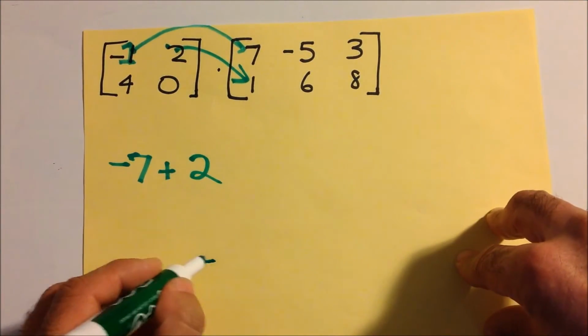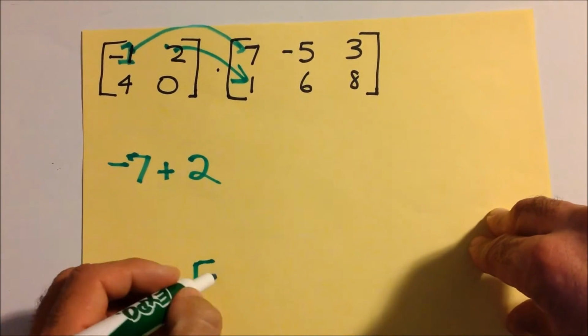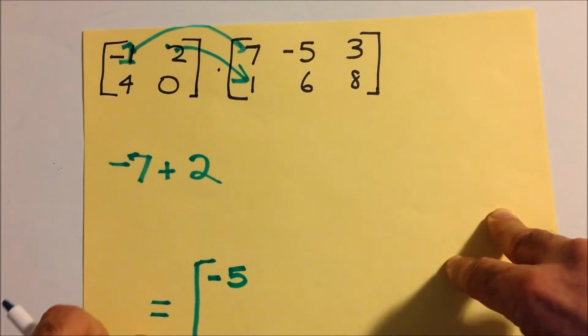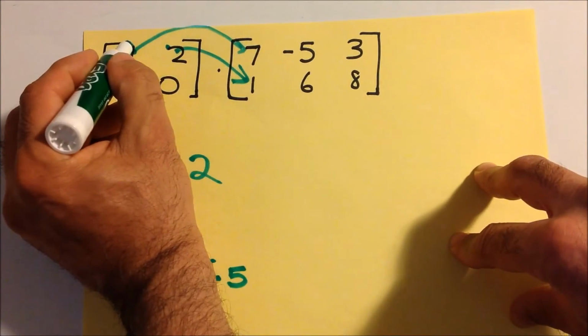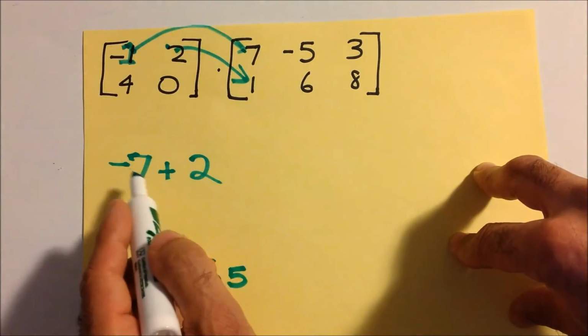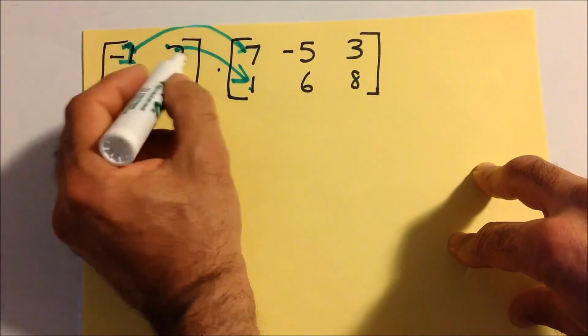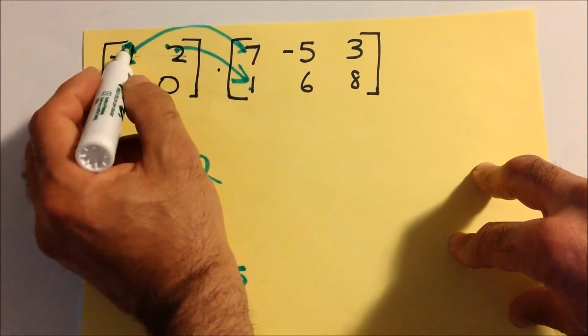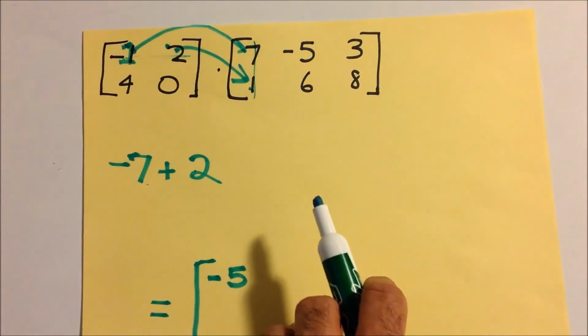So far, if we make our new matrix, we're going to have -5. Let's try this again. -1 times -7 is 7, and 2 times 1 is 2. So we multiplied every element in the first row with every element in the first column.